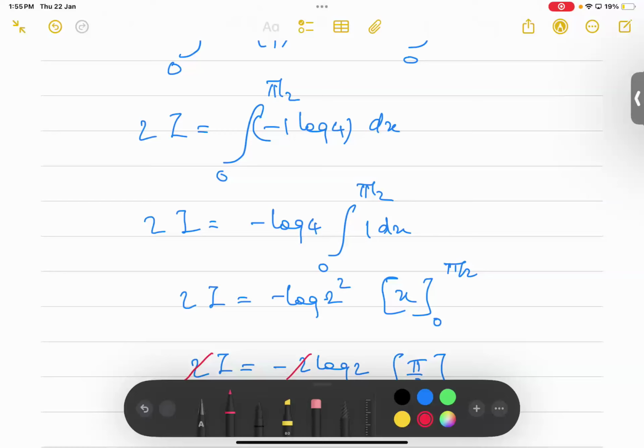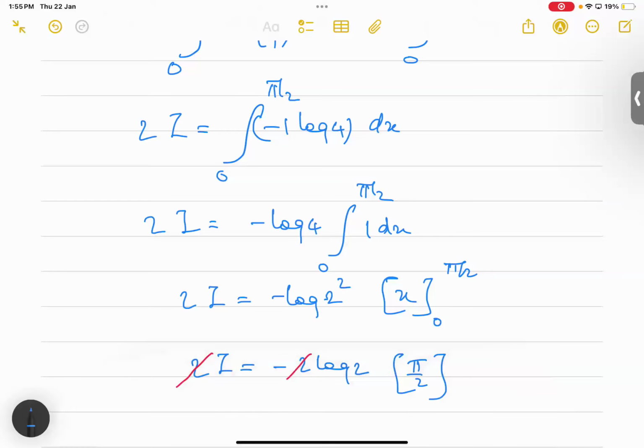I've written 4 as 2 square. So that is your answer. I is equal to minus pi by 2 log 2. Clear? Is this fine, guys?